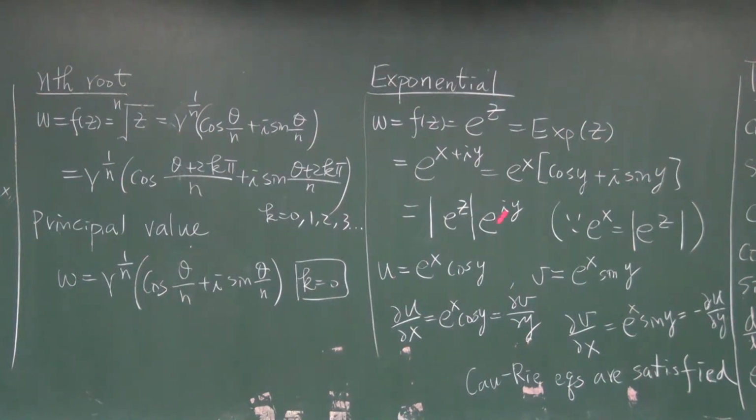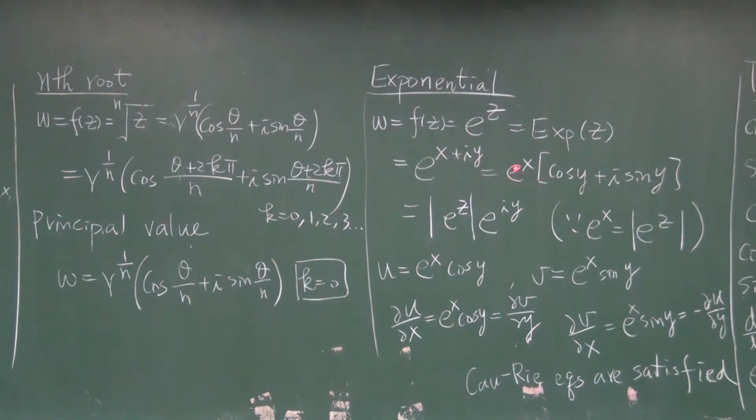We can manipulate this function by putting z as x plus iy, and then we can use the Euler formula to decompose the exponential of iy into the real part and imaginary part.